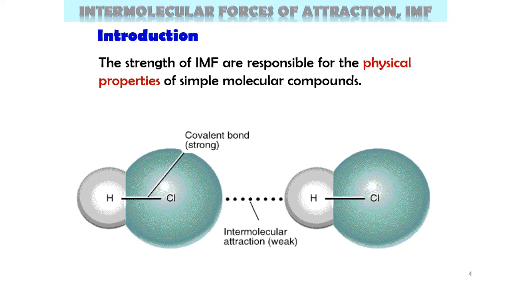This is the example of intermolecular forces. So you can see one molecule of HCl here with another molecule of HCl. In between them, you will have intermolecular forces of attraction. You need to make sure that you are able to differentiate: between H, hydrogen and Cl, it is a covalent bond.